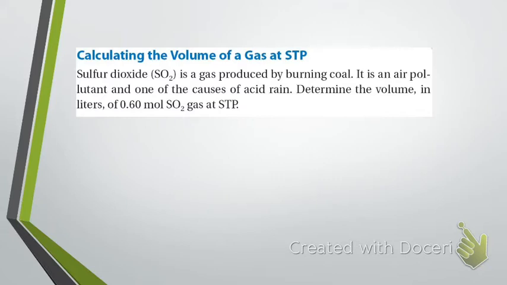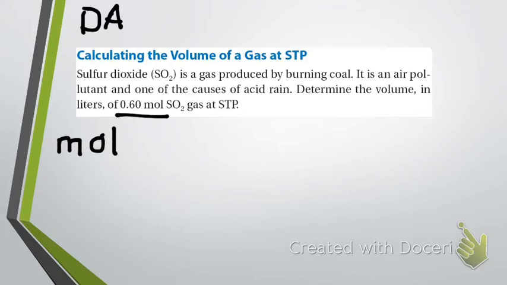Sulfur dioxide is a gas produced by burning coal. It is an air pollutant and one of the causes of acid rain. Determine the volume in liters of 0.6 moles of sulfur dioxide at STP. We'll start with dimensional analysis. We have 0.6 moles of gas, and we need to get to volume, which is in liters.